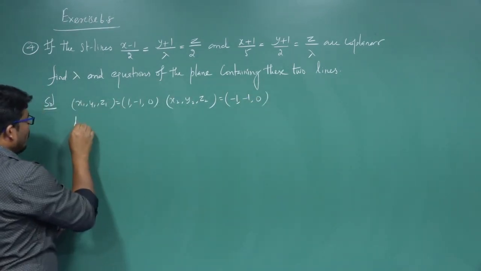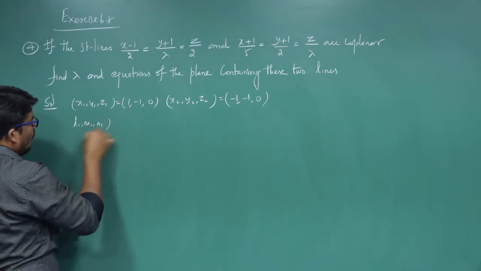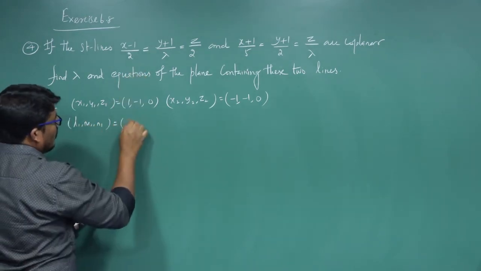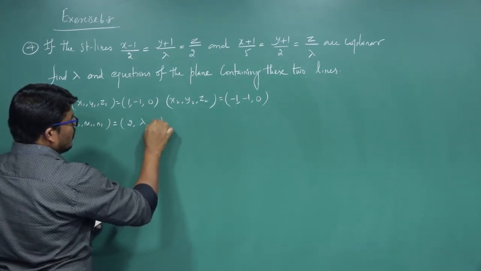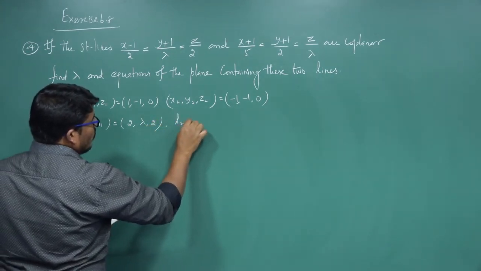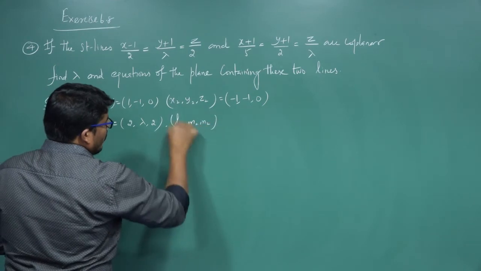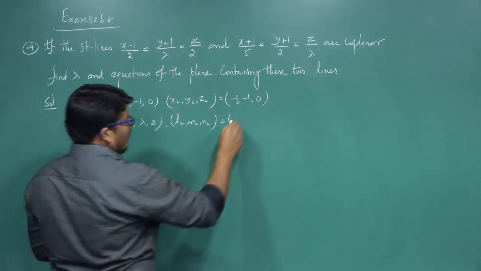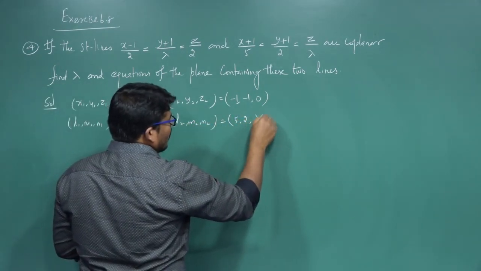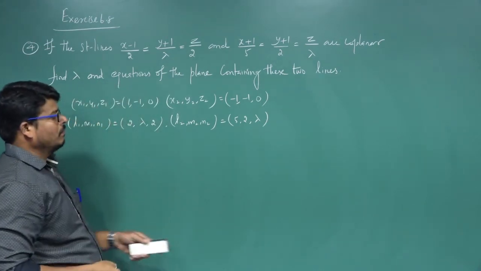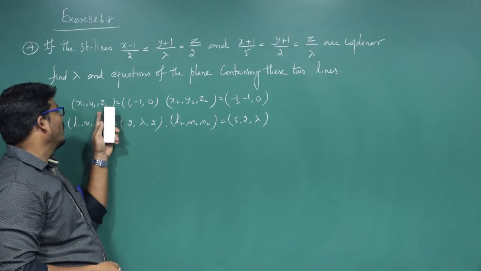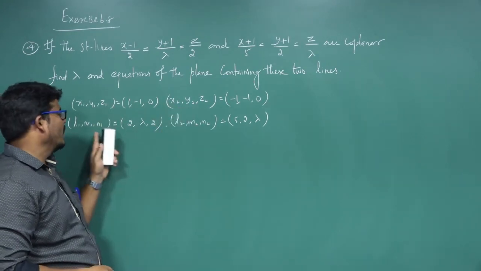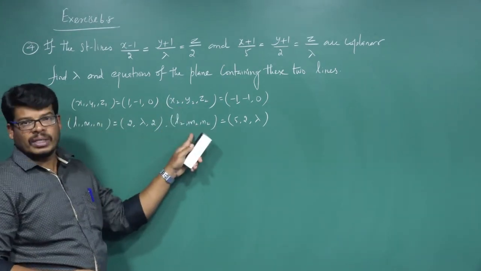Next, L1, M1, N1 equal to 2, lambda, 2, and L2, M2, N2 equal to 5, 2, lambda. That is the given data.